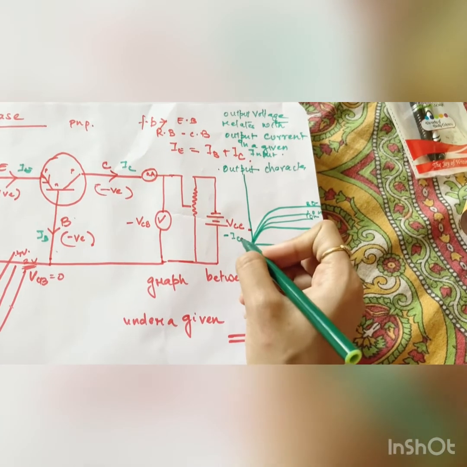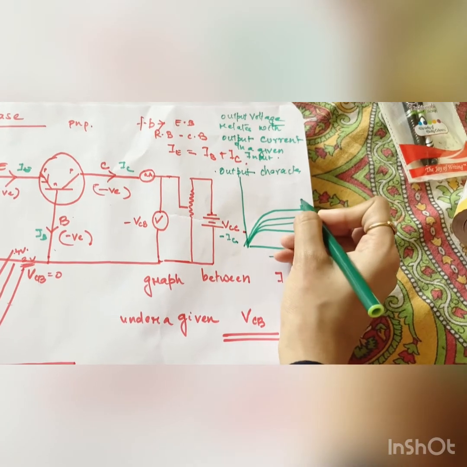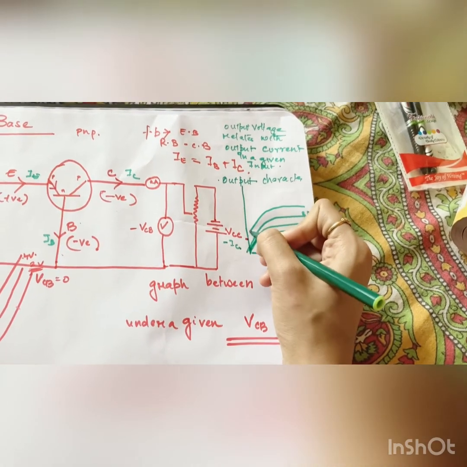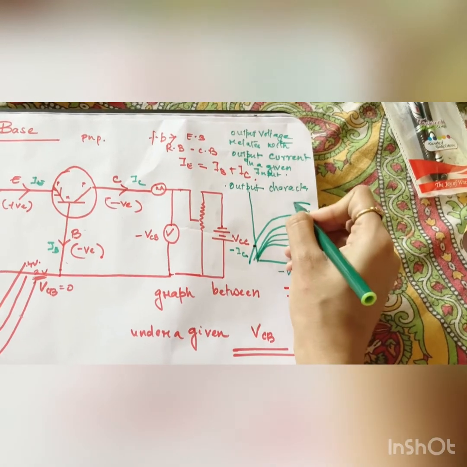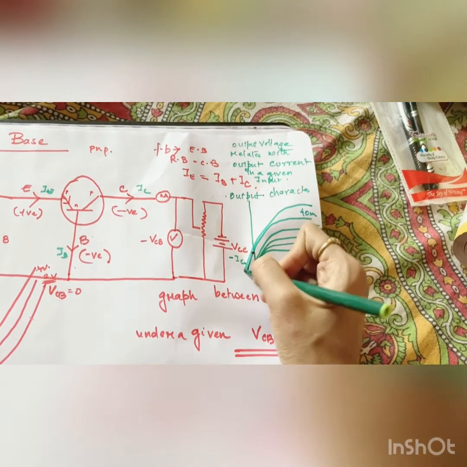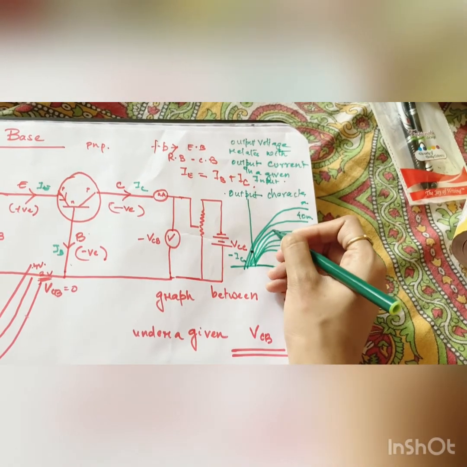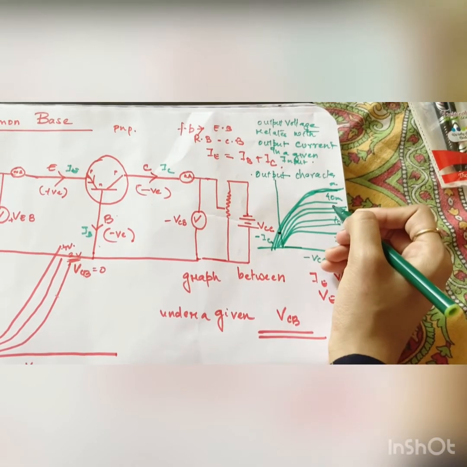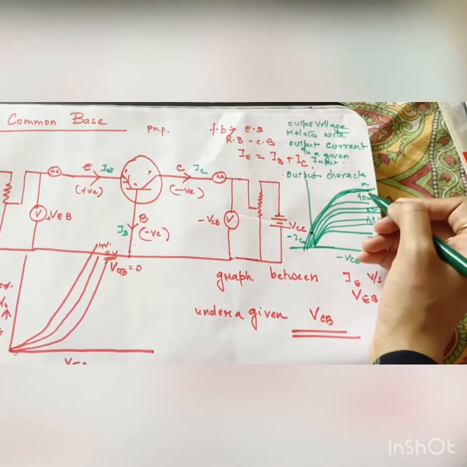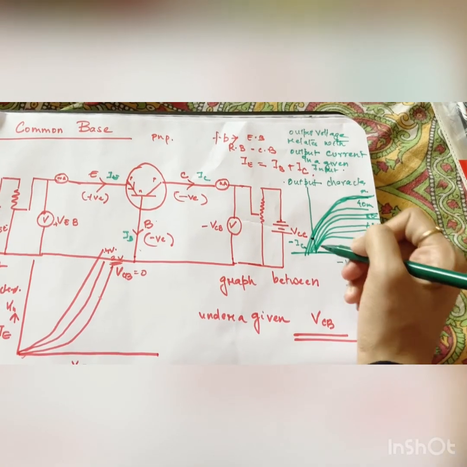Then say 40 milliampere, and say 50 milliampere, the characteristics will be like this. The graph is not proper though, but just try to get the concept of how the voltage relates with the current.